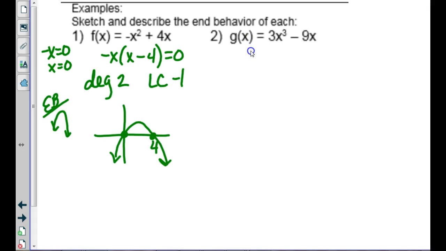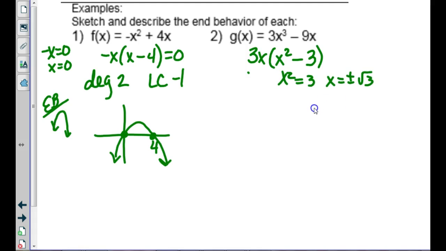All right, what can I take out of an x over here? Left will be x squared minus 3. Is that right? Okay. Is that going to factor further? No, but if I set it equal to 0, I could say I have zeros at plus or minus square root of 3.